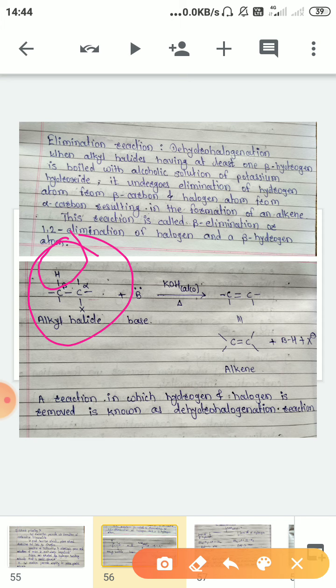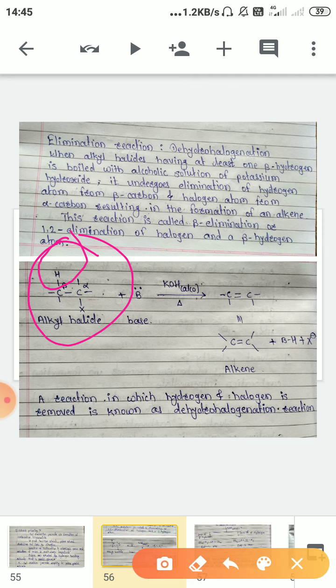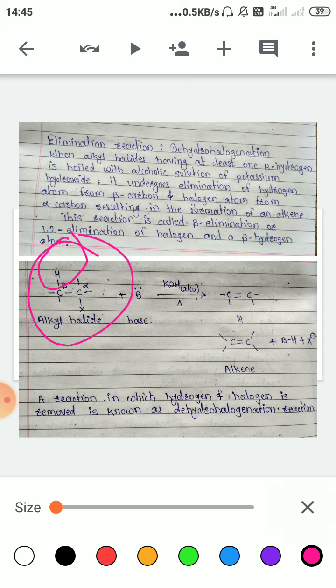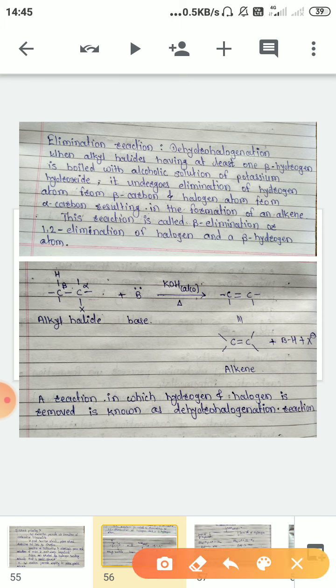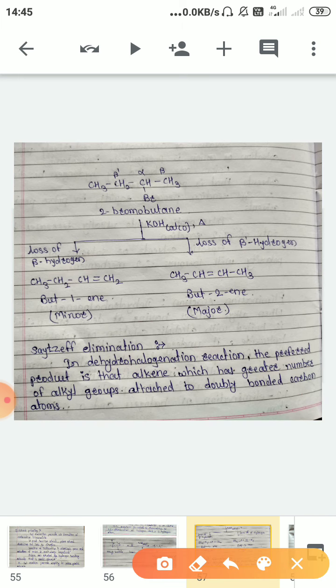But if the alkyl halide is an unsymmetrical alkyl halide which bears a number of beta hydrogens, then the probability of formation of products increases. So we can see an example of unsymmetrical dehydrohalogenation.